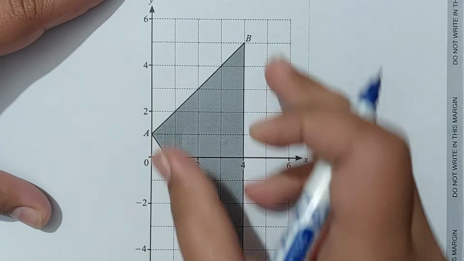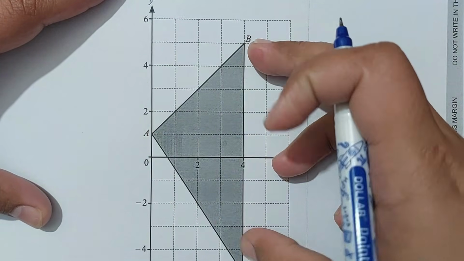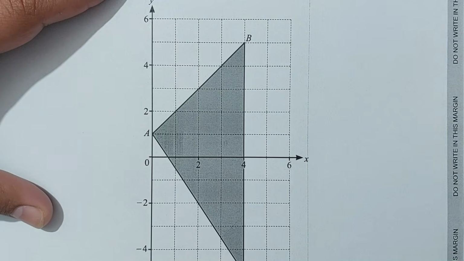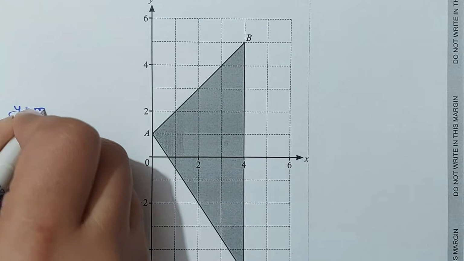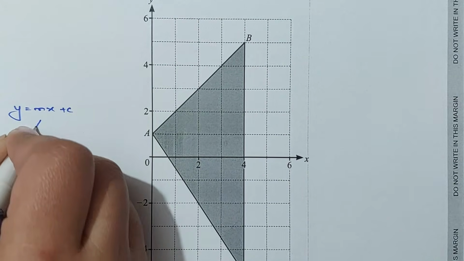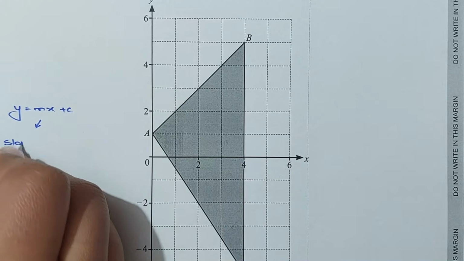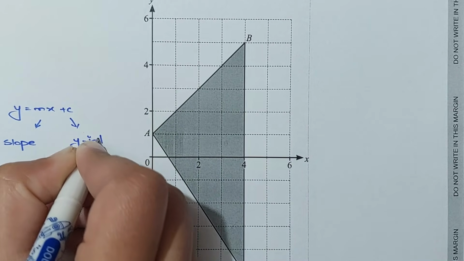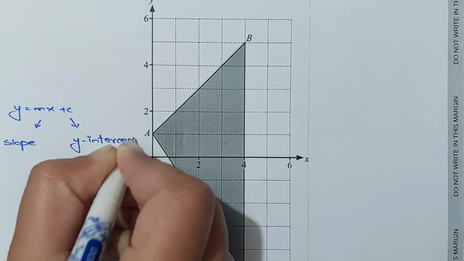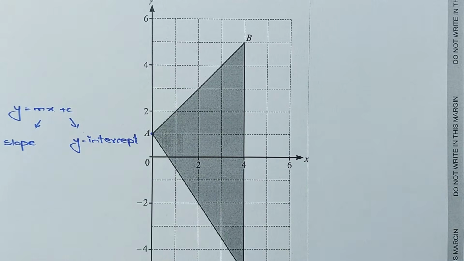So we have to find the line AB and the line BC. What is the line AB? To get the line AB, we can find y equals mx plus c. m is the slope and c is the y-intercept. What is the y-intercept for the line AB?